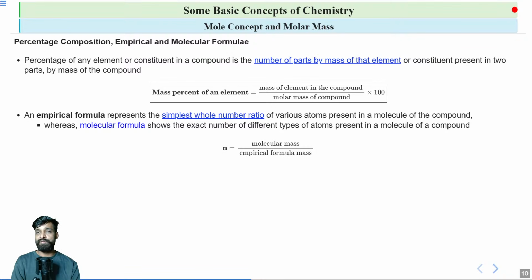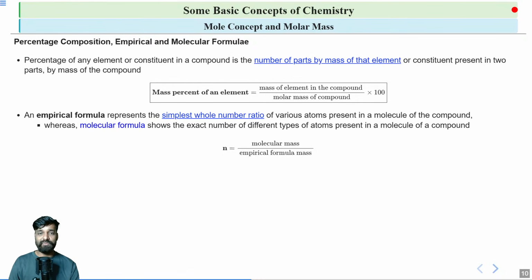Your C6H12O6 is reduced to the simplest whole number ratio, which is CH2O. Now you calculate the empirical formula mass, which is 12 from carbon, 2 from hydrogen and 16 from oxygen, and that counts to a total of 30. Now 180 by 30 gives you 6, right?